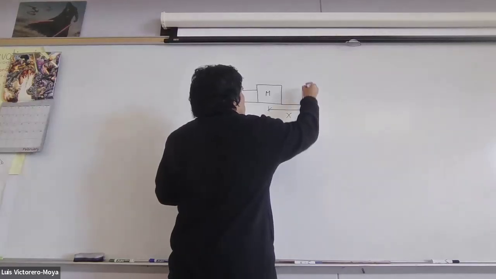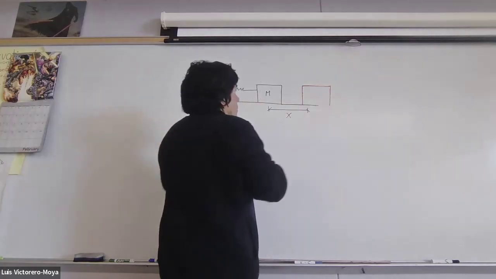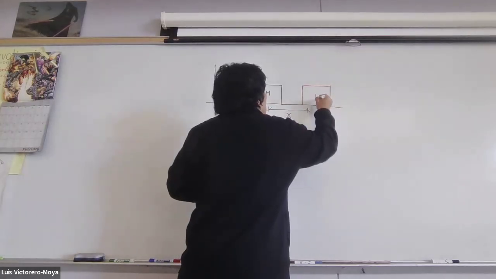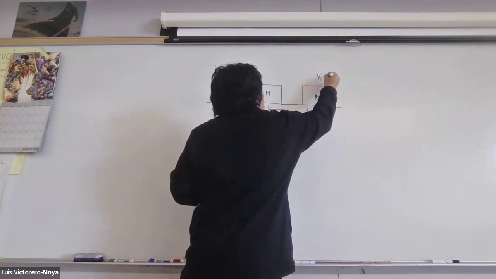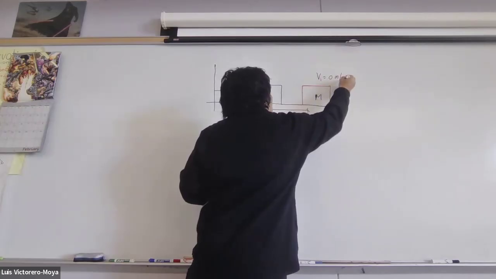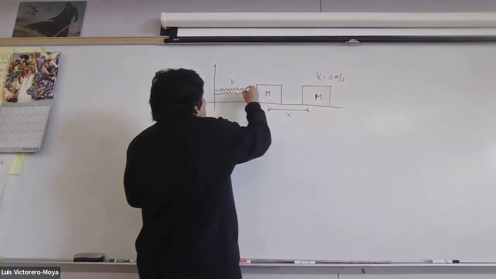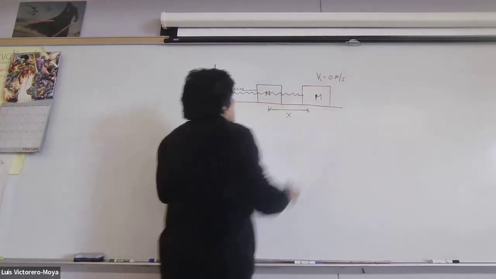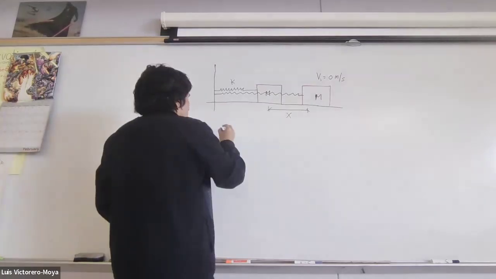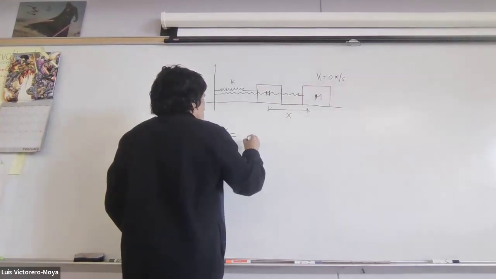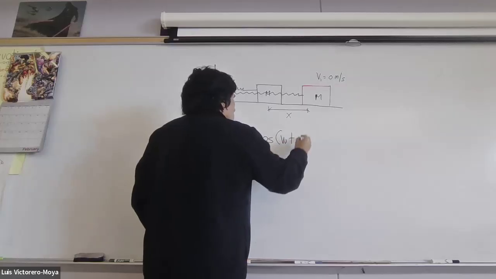Because if the mass is here now and you let it go, like initial, you have to stretch this, and you let it go, then you're going to have an equation that goes like this.